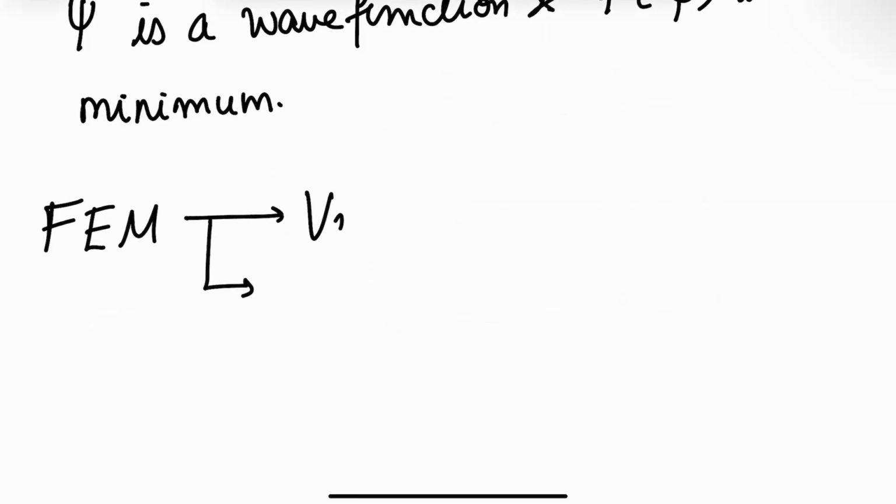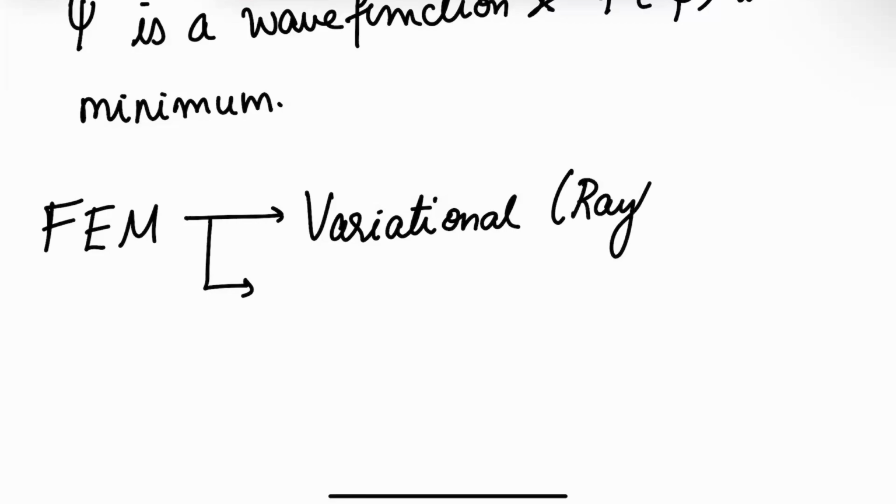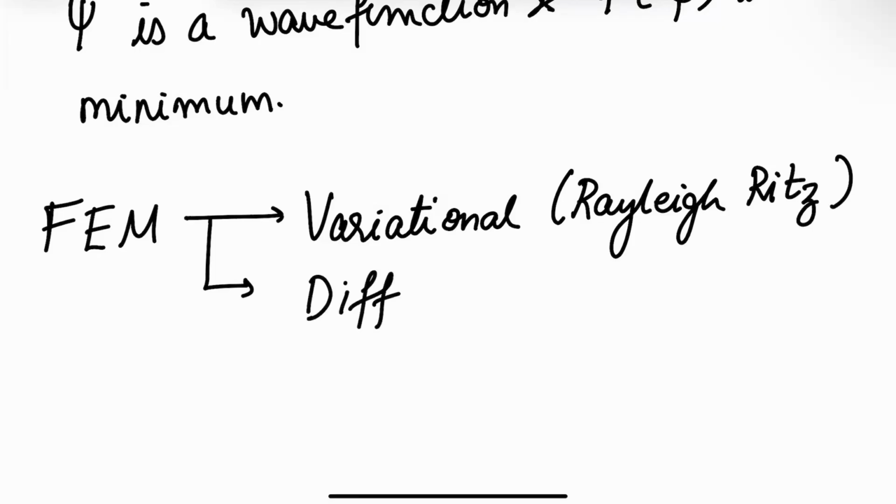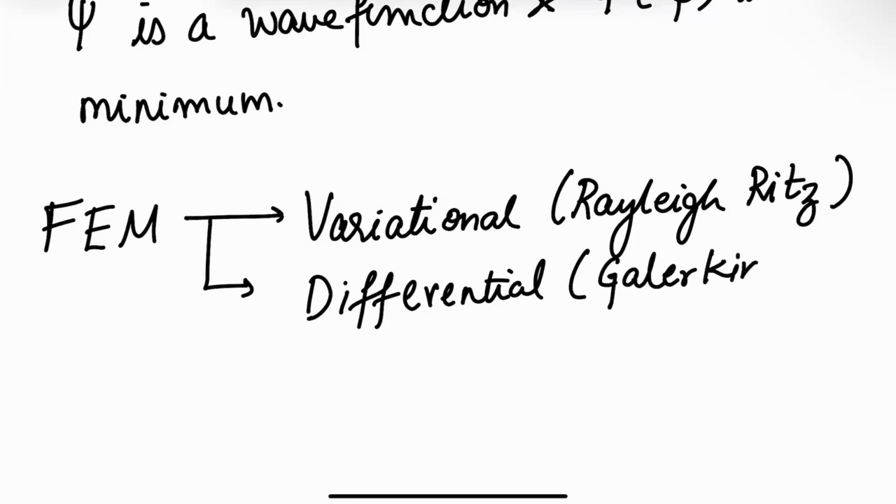One is the variational approach, which we'll discuss today, which is sometimes called the Rayleigh-Ritz procedure, or the Ritz procedure, or the Ritz method. And the other one is using differential equations, which we'll discuss at the end briefly, which is the more traditional finite element method. This is called Galerkin's method, and we'll discuss that as well.